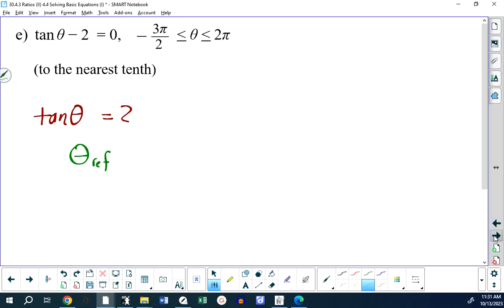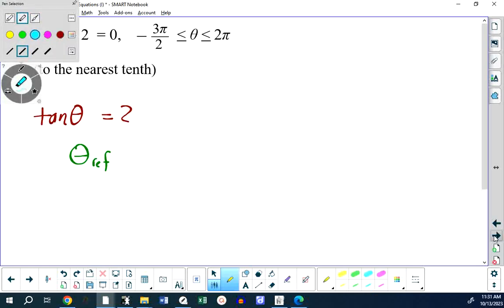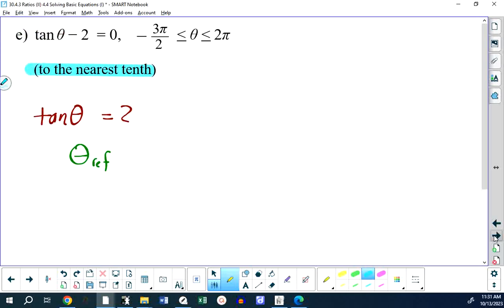I think you understand, but I will say it anyway. As soon as you see this, it's got to be the case that these angles are not special angles. So we have to use our calculator. So let's find the reference angle. We're not going to recognize it in degrees or radians. It's not going to be a recognizable angle.